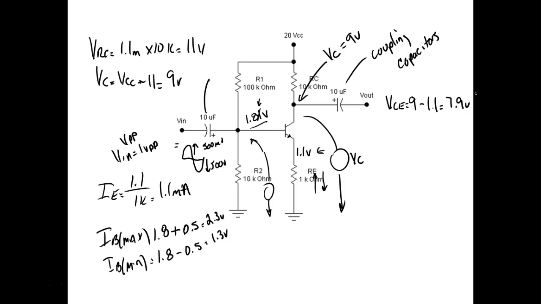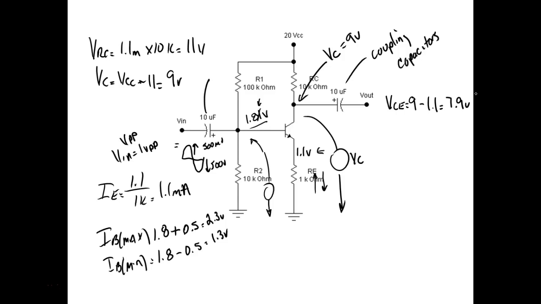So is it in the active region, is it in cutoff, or is it in saturation? If it was cut off, it would equal 20 volts, right? If it's saturated, it'd be less than a volt. So this guy here is operating in the active region. This is where it needs to be.